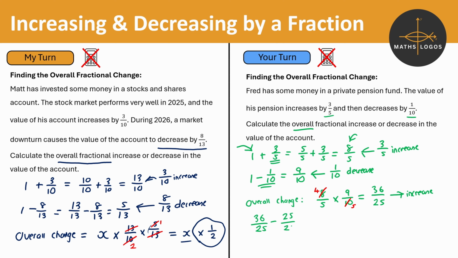That's 25 over 25. 36 take away 25 is 11. So it's 11 25ths that has been added on to 25 over 25. Just to help you see that, if I started with 1 and I added on 11 25ths, that gives me 36 25ths. So my fractional increase is this right here. It's the 11 25ths. So my answer is it's 11 25ths increase.